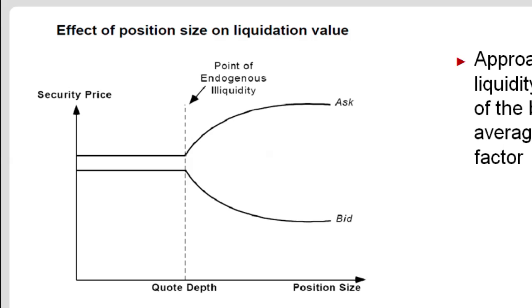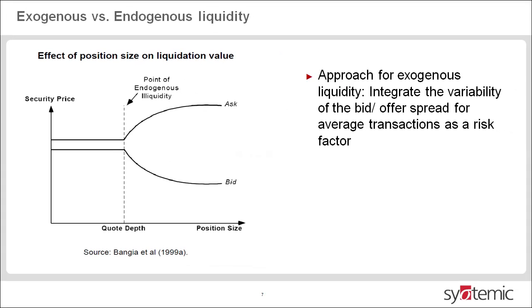The way that the system approaches the exogenous part of the liquidity, meaning that we have an average size or a small position, but nevertheless there is a bit of a spread in the market, is to introduce the bid-offer spread as a risk factor in the system together with all other risk factors.